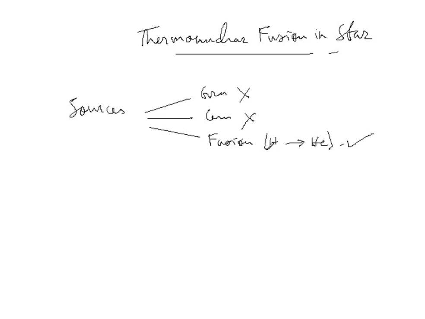And not only that, there are other features as well which can be explained, but we will talk about it eventually. Then afterwards we talked about the various types of nucleosynthesis.